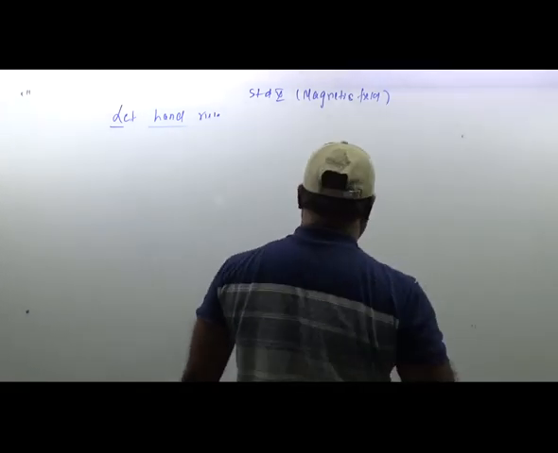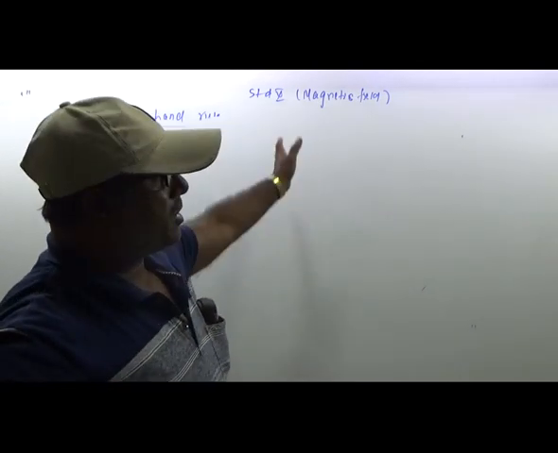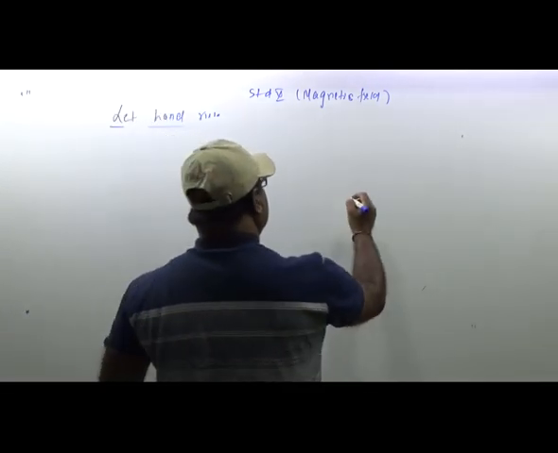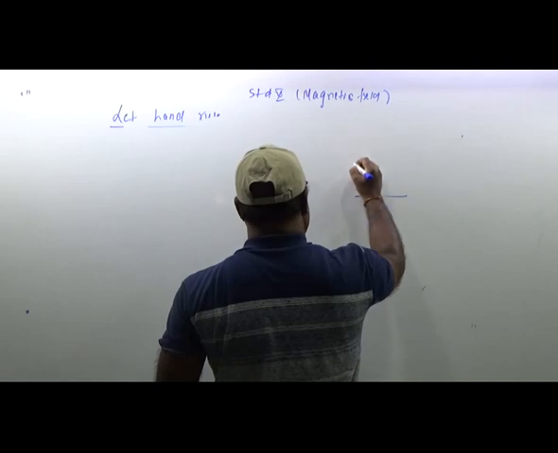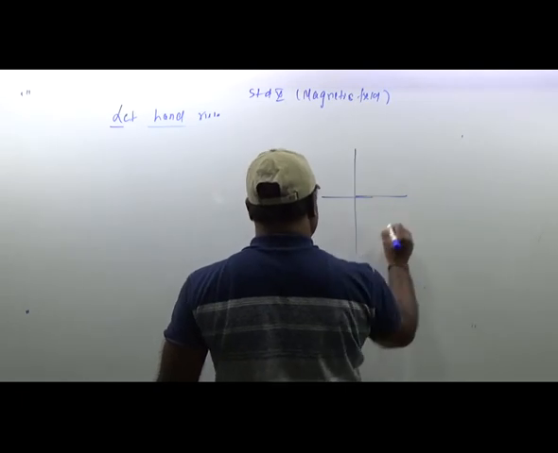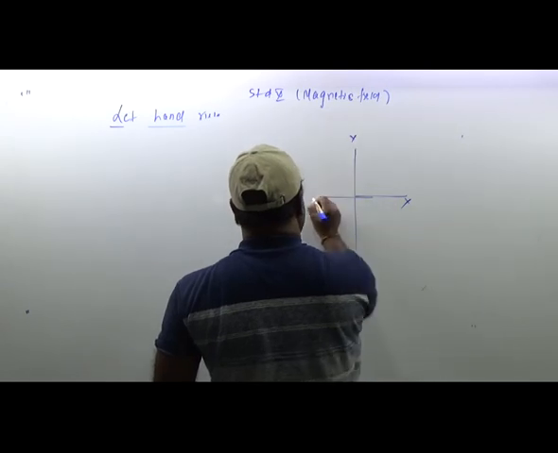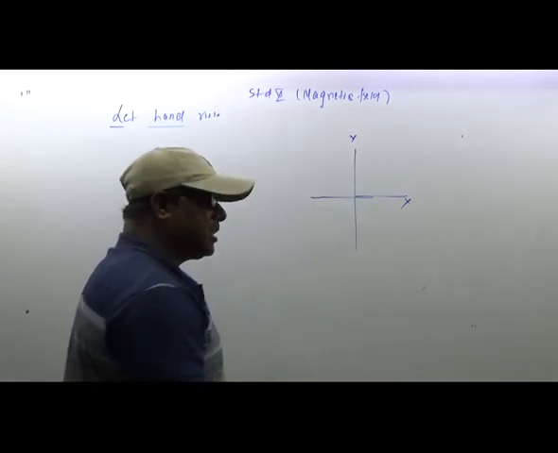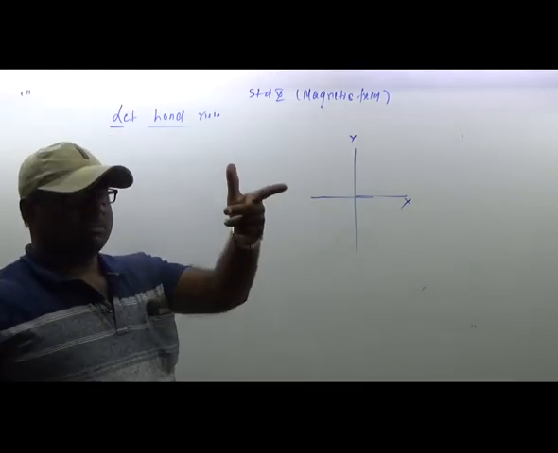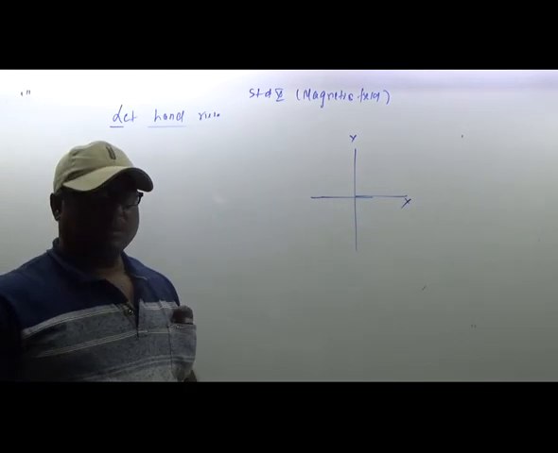Look here. On the board, this is 2-dimension. All of you know that this is the x-axis and this is the y-axis. But if we have to show it in physics, how is it possible?